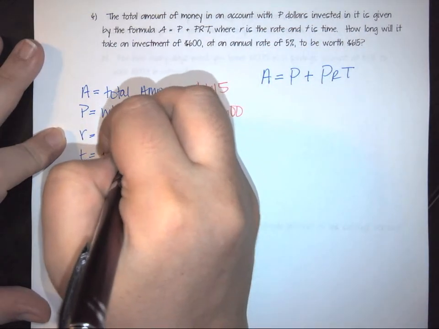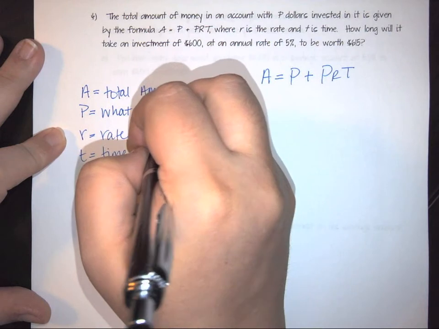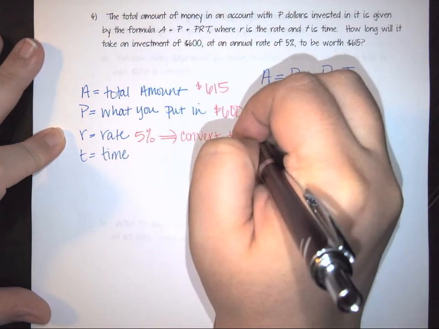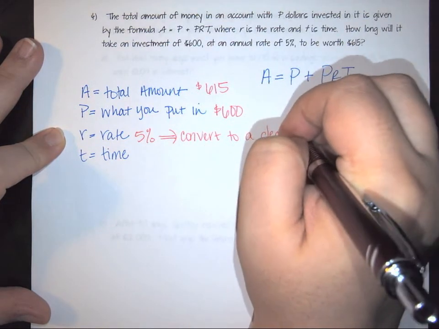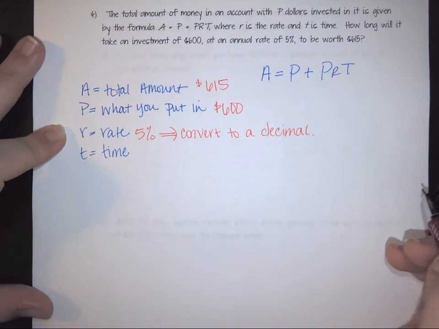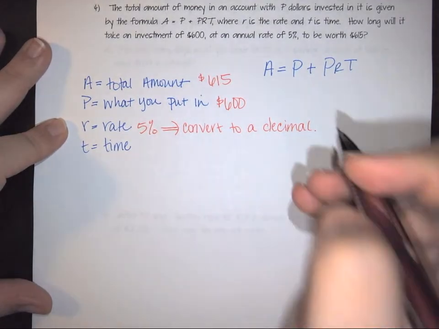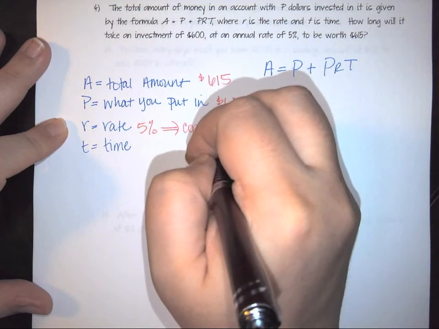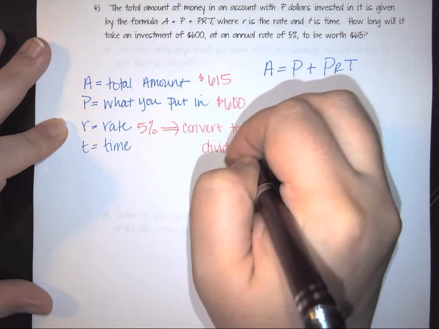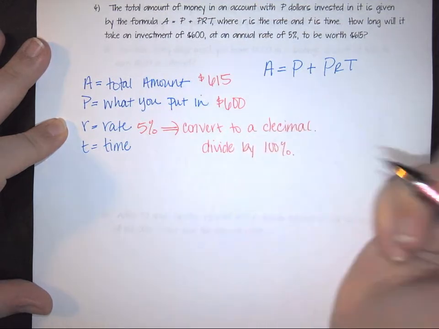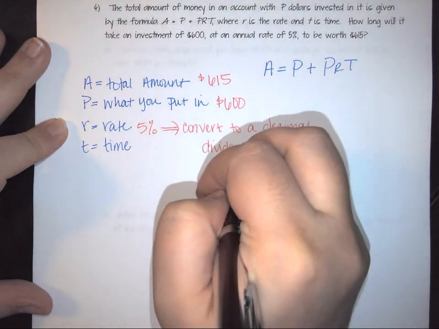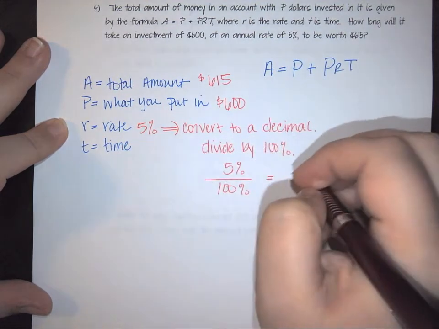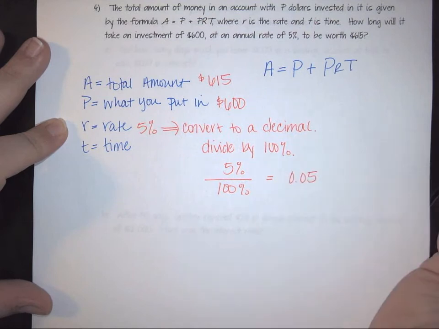The rate is going to be 5%, which you need to convert to a decimal. So as a quick reminder, if you are in percentage, converting to a decimal says divide by 100. So here you're going to have 5% divided by 100% is going to give you 0.05 as your decimal.